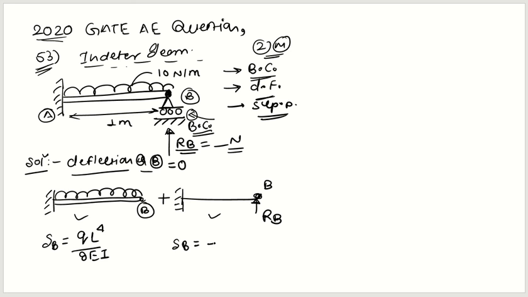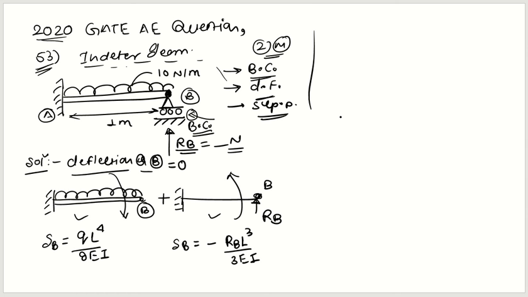I'm taking it as negative because this is an upward deflection. Usually this kind of deflection we take as negative, and downward deflection as positive, right? So I will take R_B L cube, I hope you remember this formula, over 3EI. Then I will simply equate both formulas.